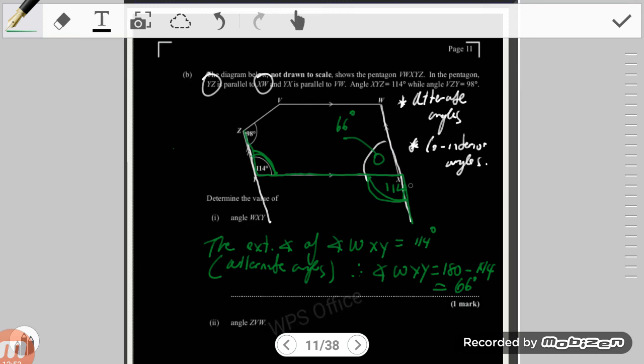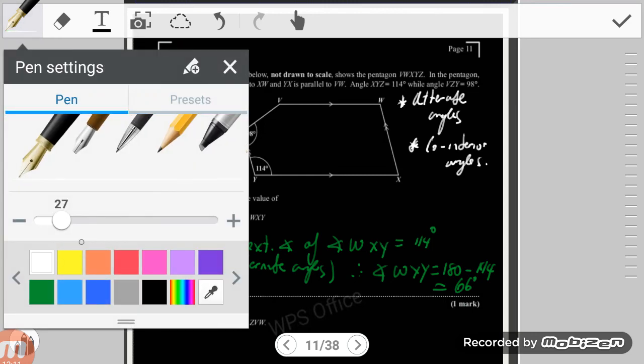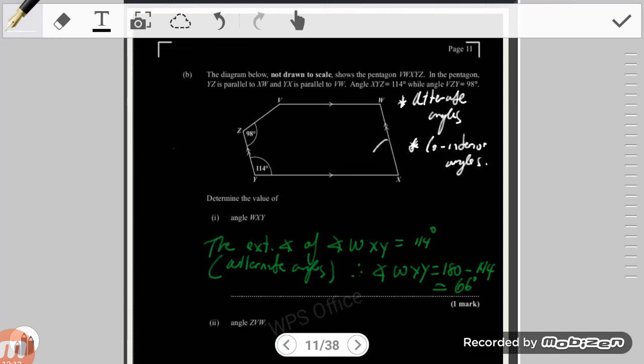The straight line here is WX with the extension here. So this is a straight line and that angle measures 180 degrees. Therefore take 114 from 180 and we get that angle of 66 degrees. So that's pretty good. This angle right here is 66.